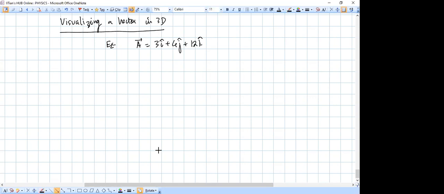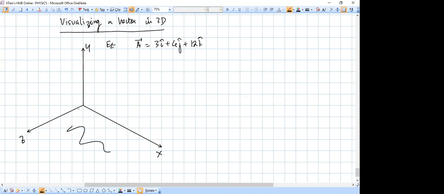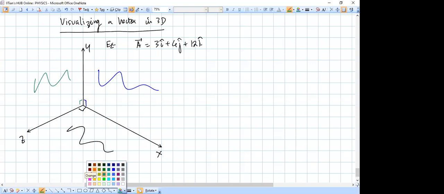My standard diagram, if these are the axes, so this is the XY plane. This is the YZ plane. This is the ZX plane. In this, let us first individually write out these quantities.